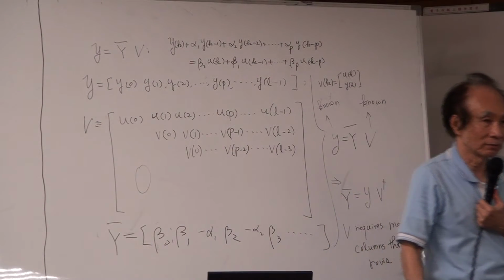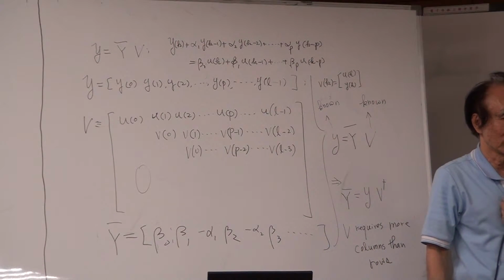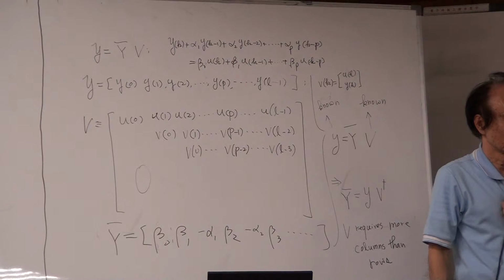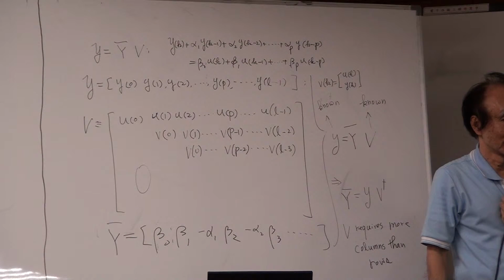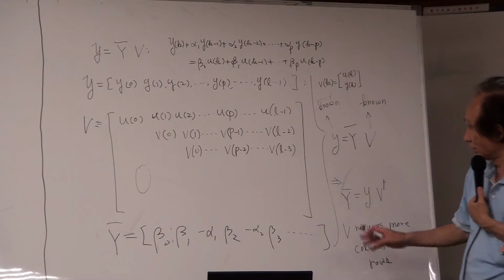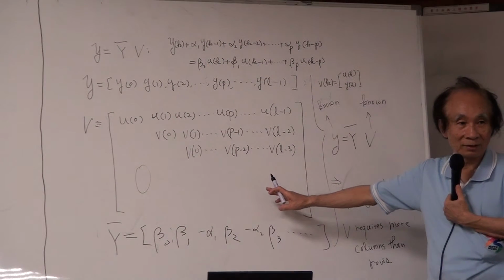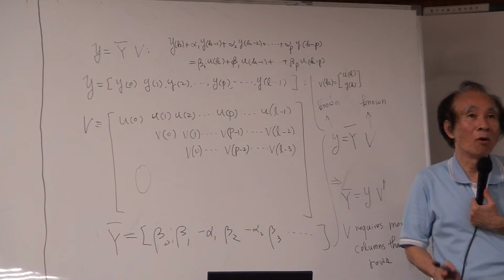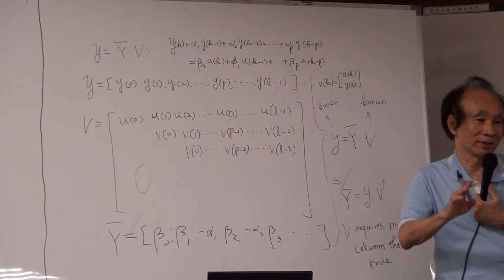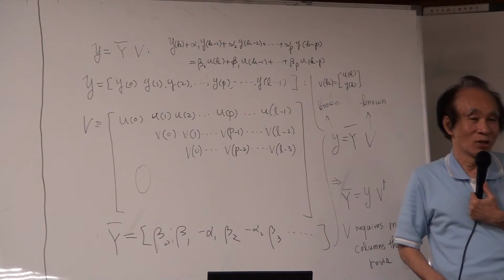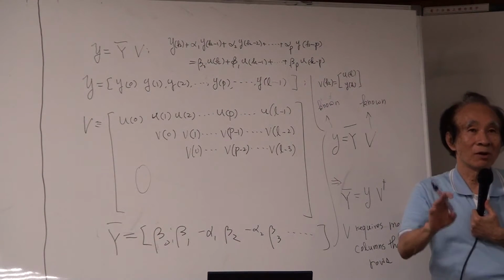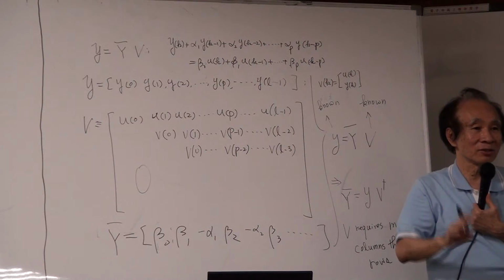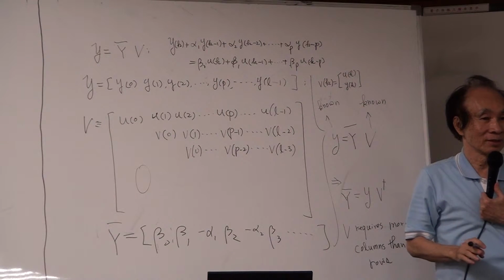Then what do I get? Then you get multiple solutions. It means you have more unknowns than equations. More unknowns than equations means you get multiple solutions.